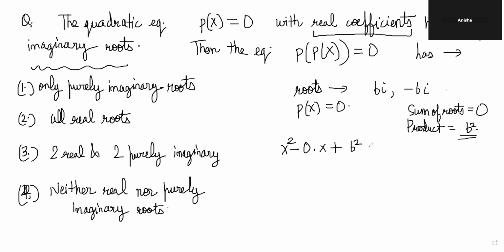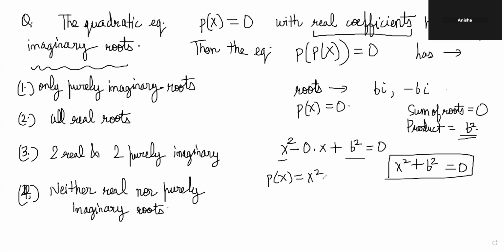This is the type of polynomial you will end up with: x square plus b square. So now we just have to figure out what will happen if you do p of x.